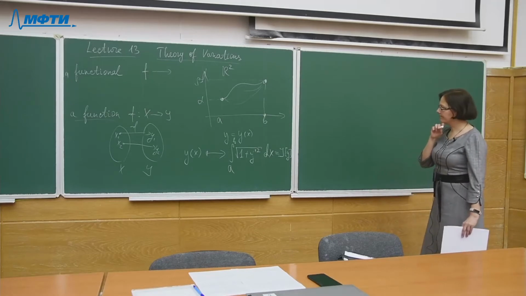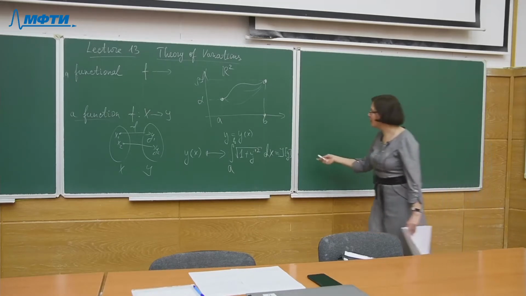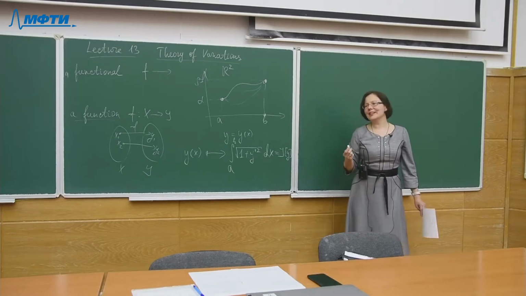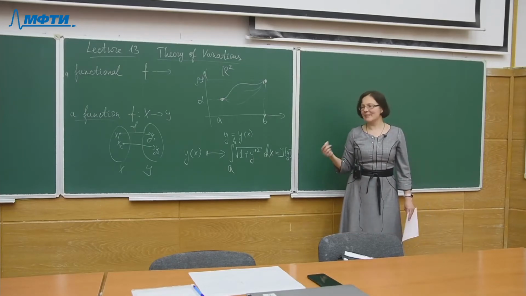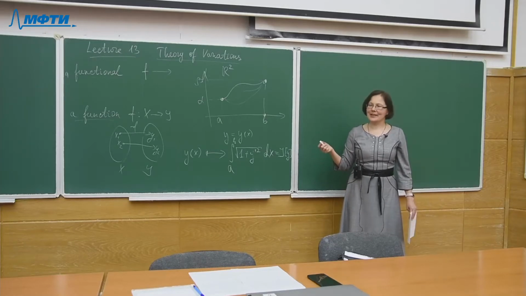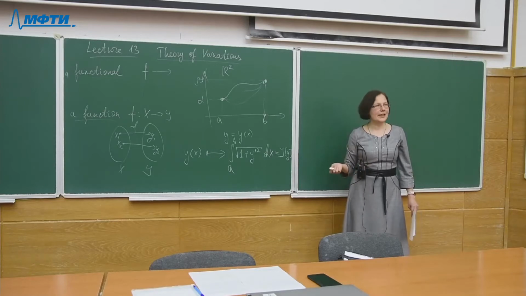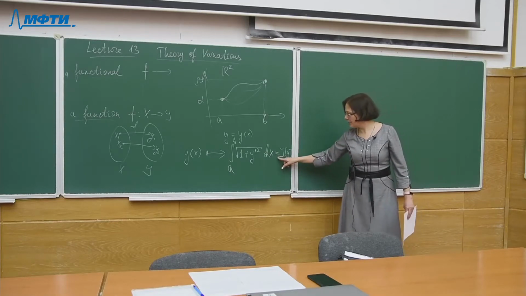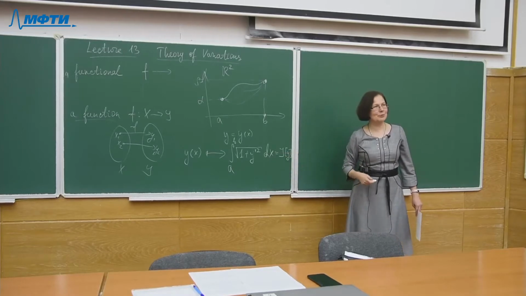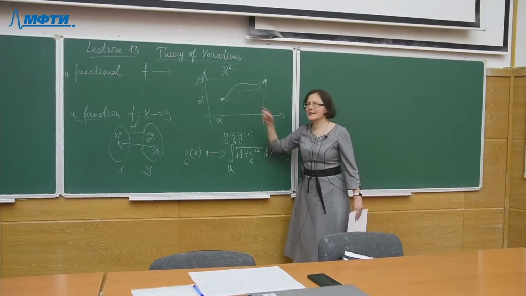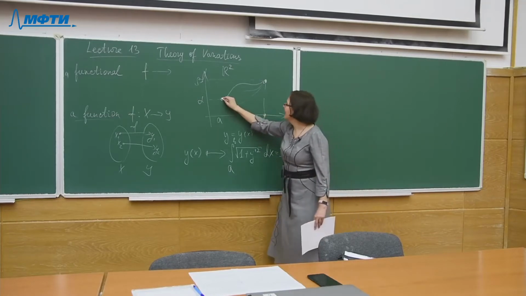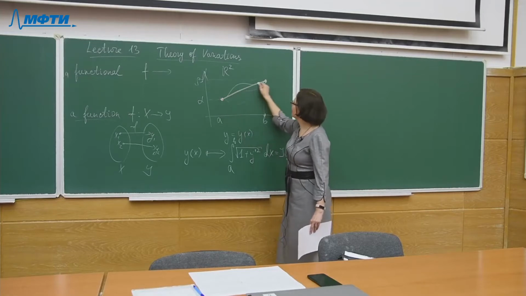Well, usually in mathematics and in physics in particular, we consider the problem of minimization of such functionals. And what is the solution of this minimization problem? If we fix 2 points, what is the shortest path? A straight line, the segment of the straight line.